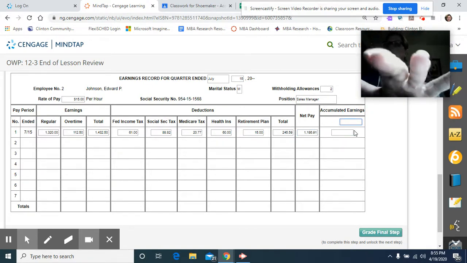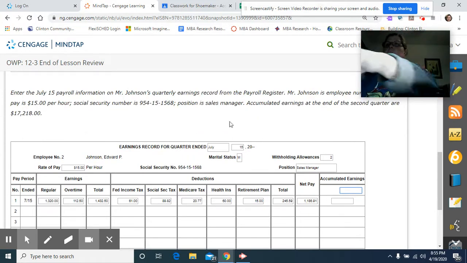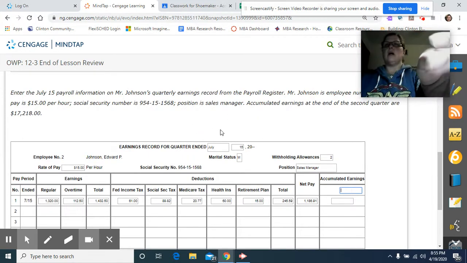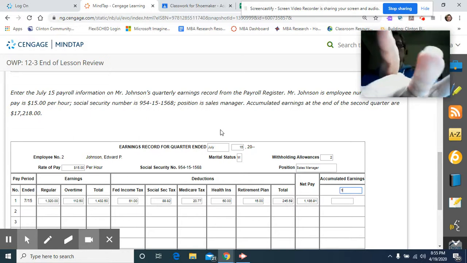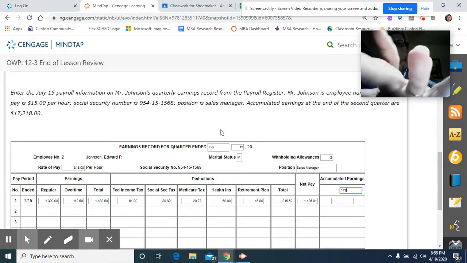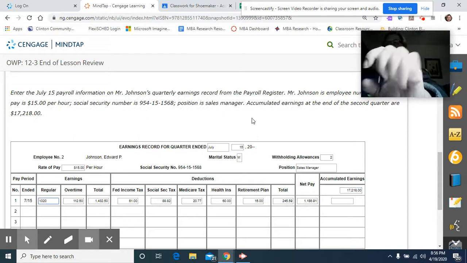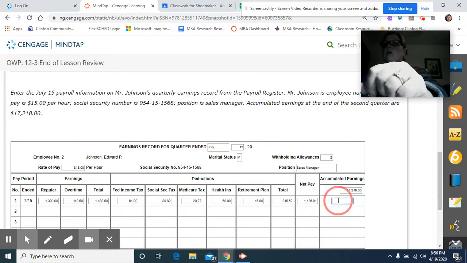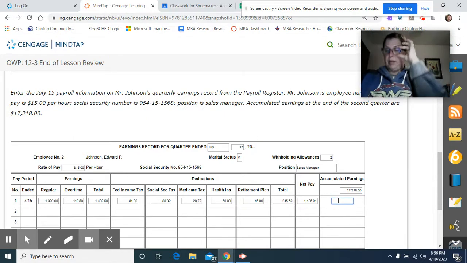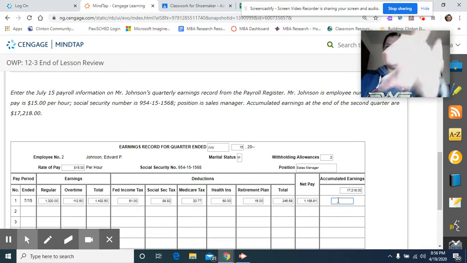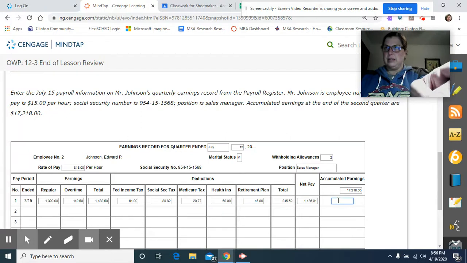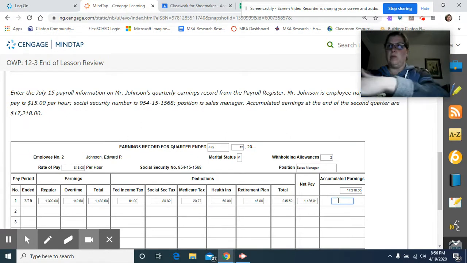And his accumulated earnings, this was back up here, were $17,218. Now we have to add his net pay, because this is his record of how much he's earned.